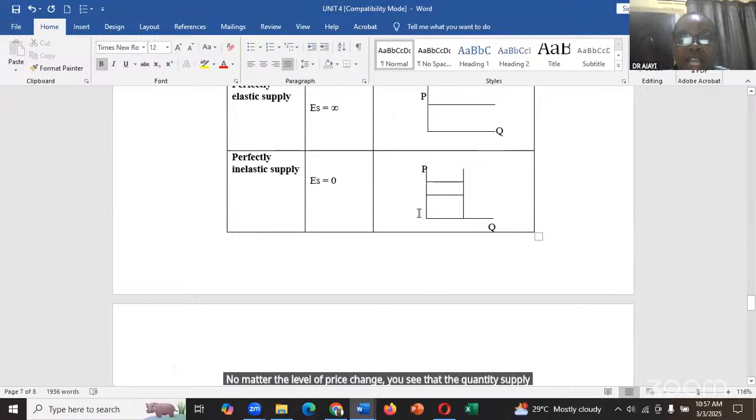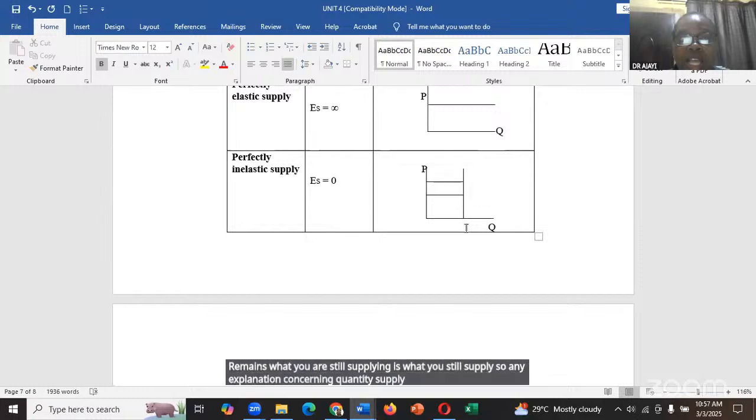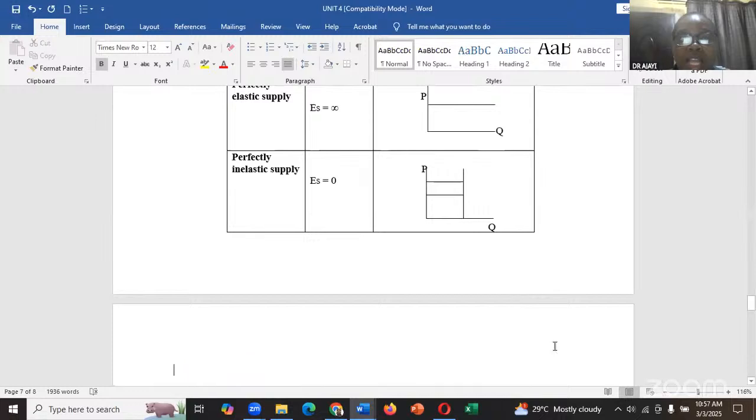What you are still supplying is what you still supply. So with any explanation concerning quantity supplied or response of supply to any change, you will see a situation where the response will just be the same.